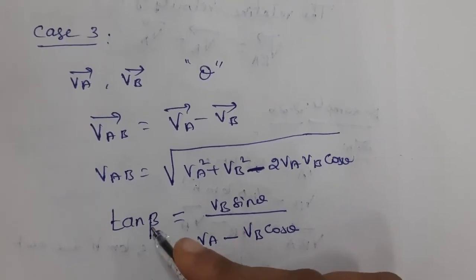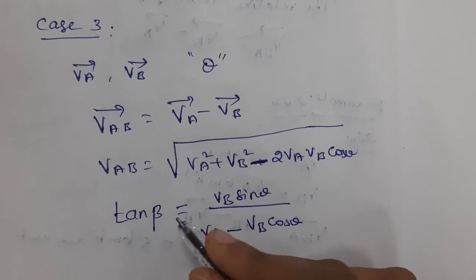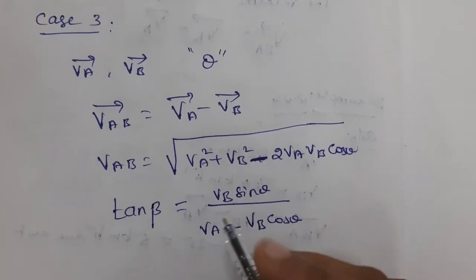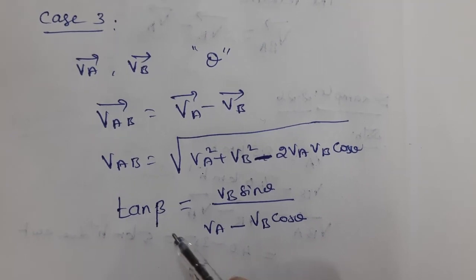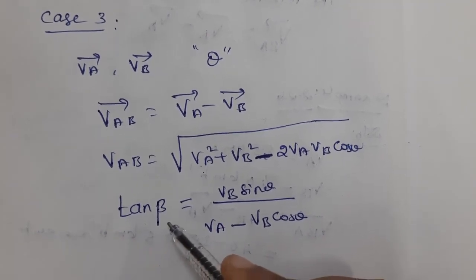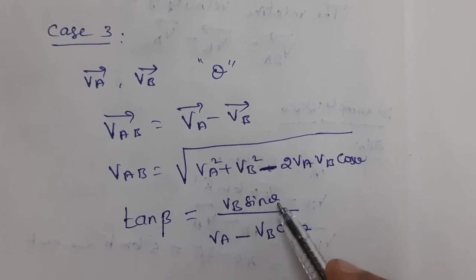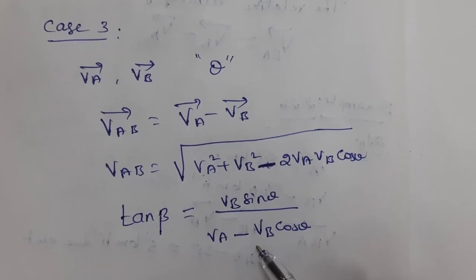Beta is the angle between VAB and VB. If you learn the triangle law of addition, this is very easy. Likewise here, tan beta, the direction of the relative velocity, is equal to VB sin theta by VA minus VB cos theta.